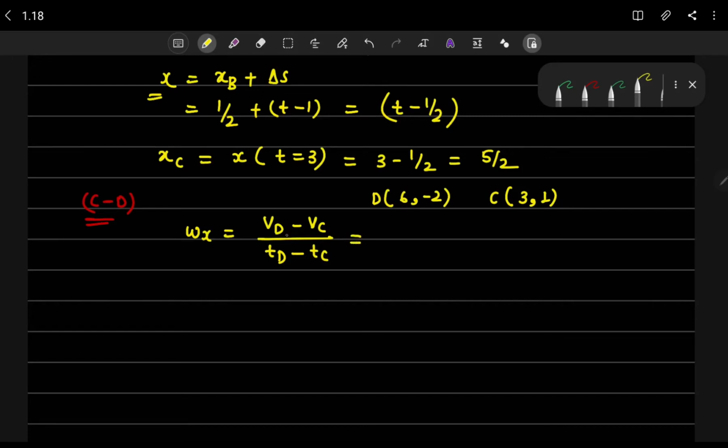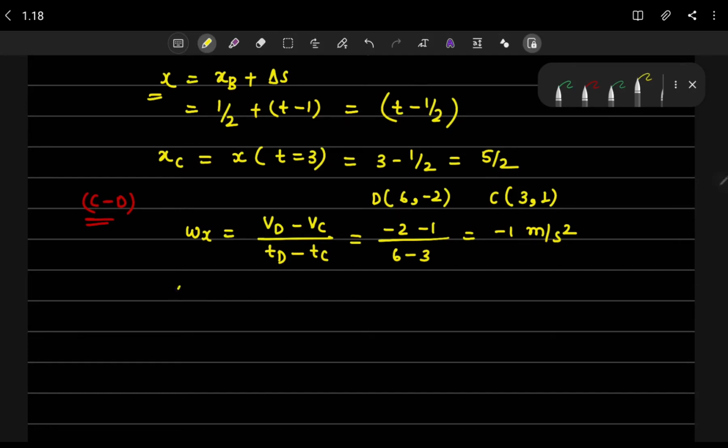So VD minus VC we can write as minus 2 minus 1, whole divided by 6 minus 3. From here we get minus 1 meter per second square. This is the acceleration value we have got.